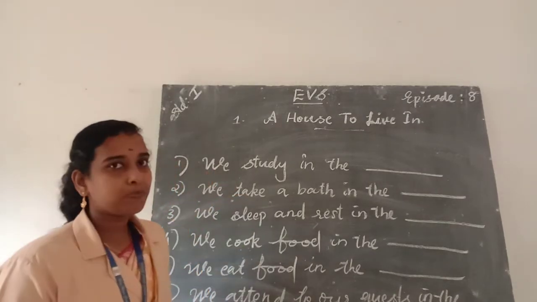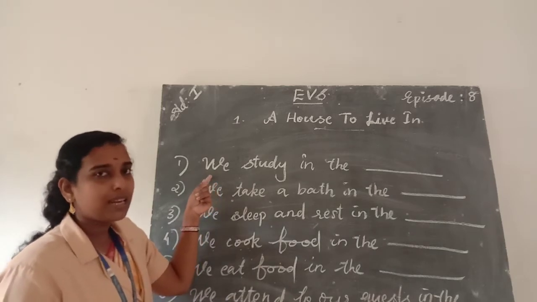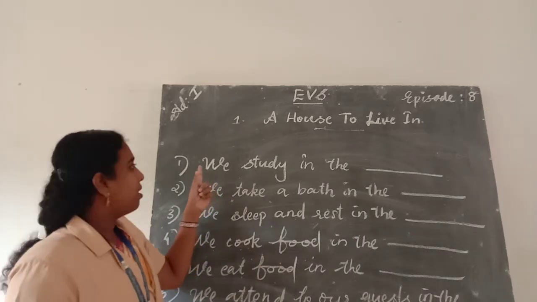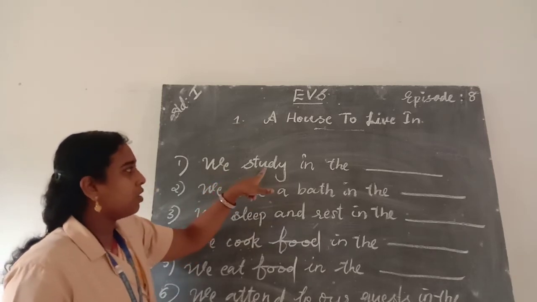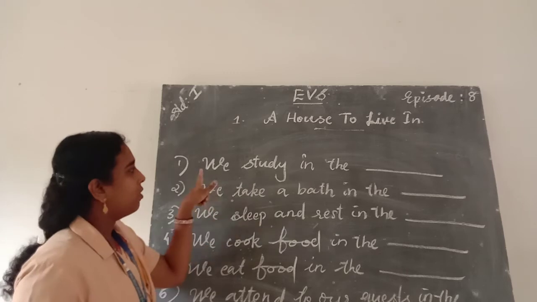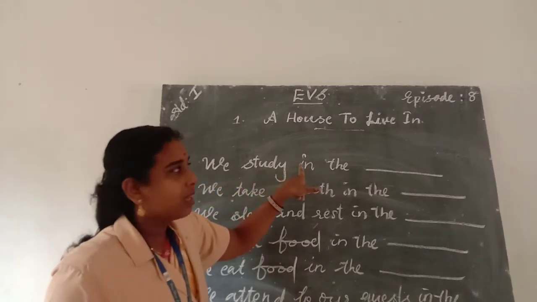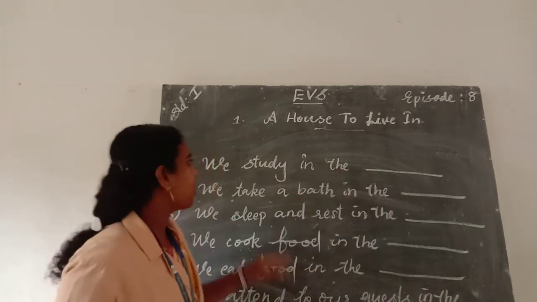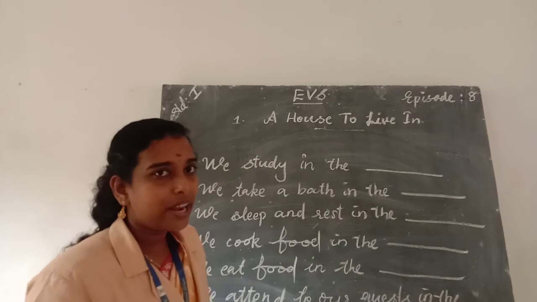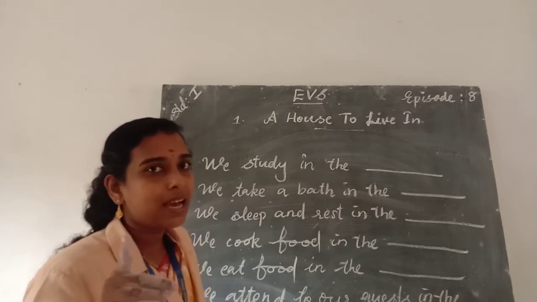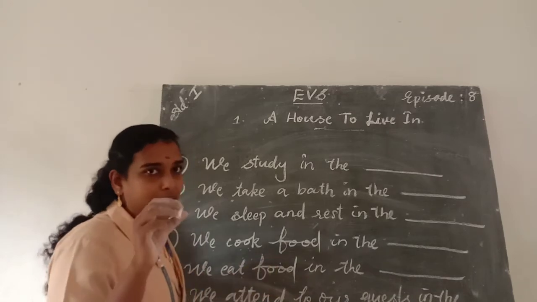First question, read the question. We study in the... how can we read this? Study, S-T-U-D-Y, study. We study in the, where do we study? In which room do we study?